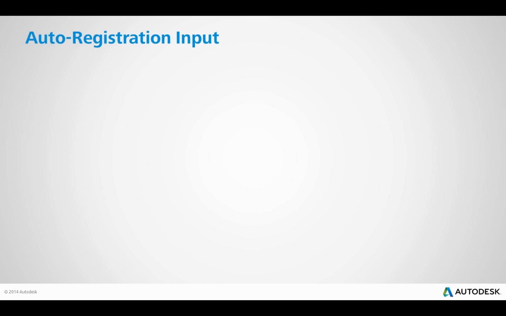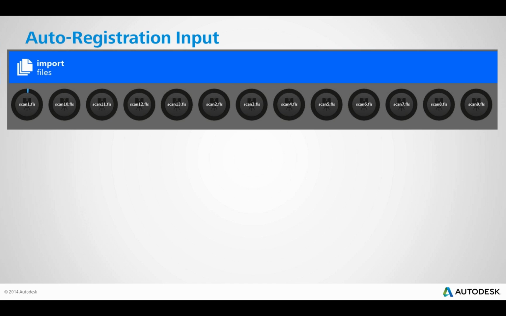So in the best case scenario, you'll just end up with one group and all your registration will be completely done for you. But if that doesn't happen, you may end up with two or more groups that you'll then want to stitch together manually once this process is complete. In terms of completion, it'll tell you how many scans were imported, how many groups were created, and if there were any scans that it wasn't able to match, it'll show that as well.